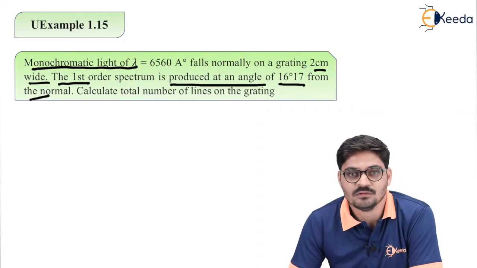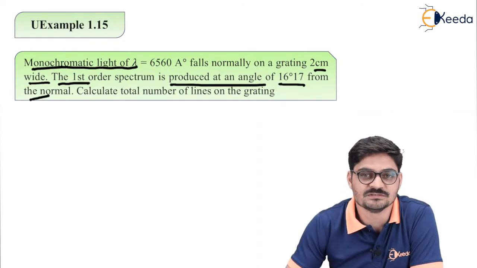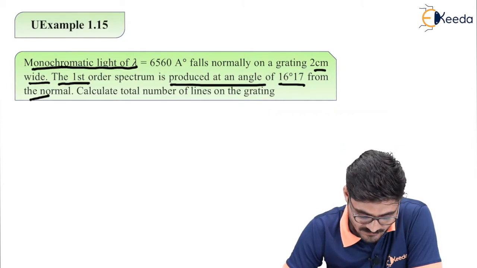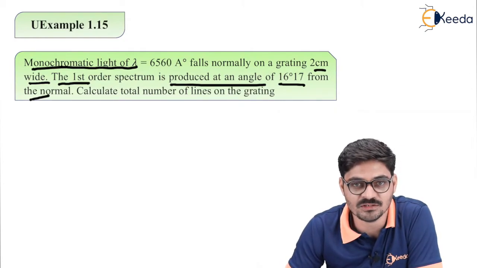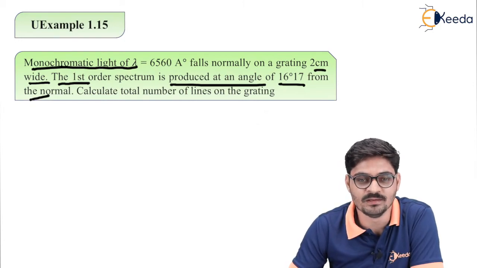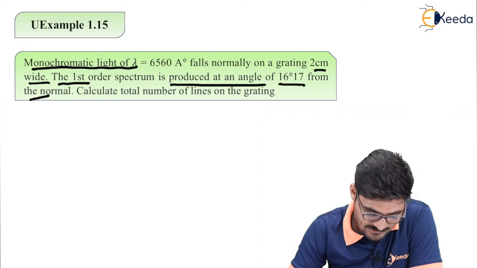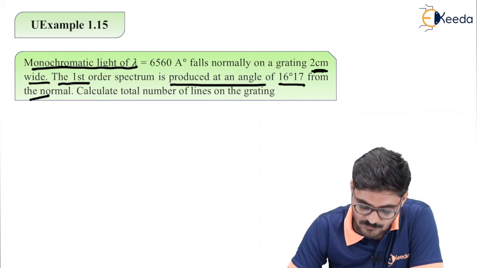Again the same numerical, but last time it was asked to find the number of lines per centimeter, and here it is asked to calculate the total number of lines on the grating. So you will have number of lines per centimeter first and then multiply by the width of 2 centimeter.